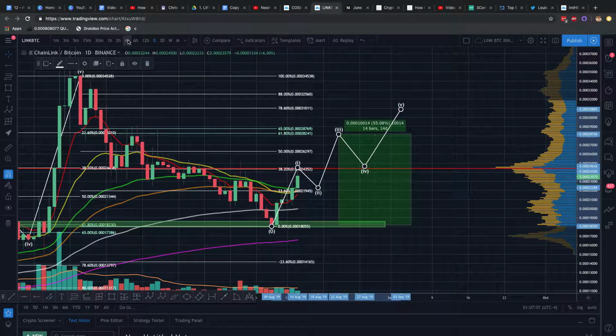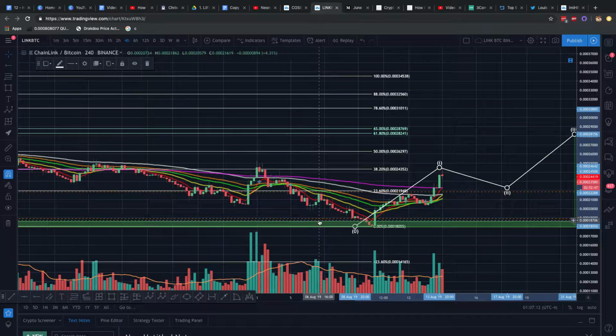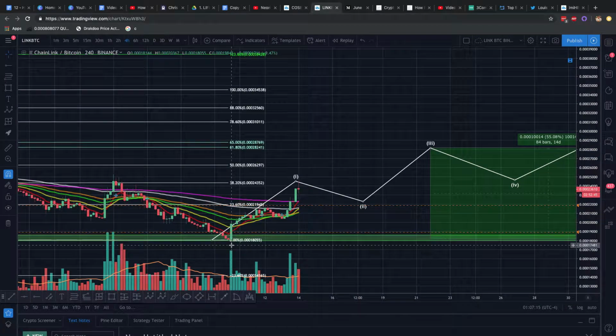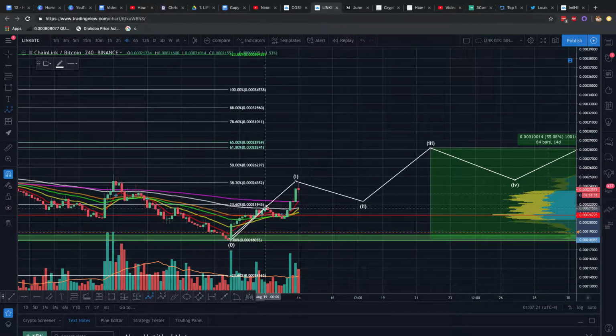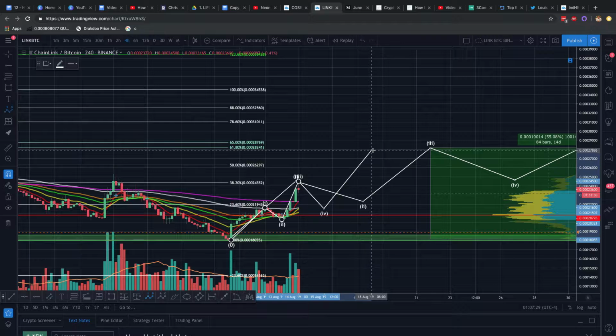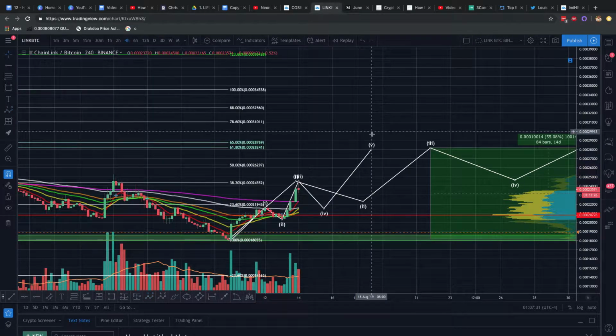Well, that's where you sort of got to go into the lower time frames to see if there's a structure within the graph. And you can see there is. What does this look like right here? Well, this looks like, to me, starting 1, starting 2, starting 3, starting 4, and then maybe 5, and then maybe up there. So this is a possible scenario.